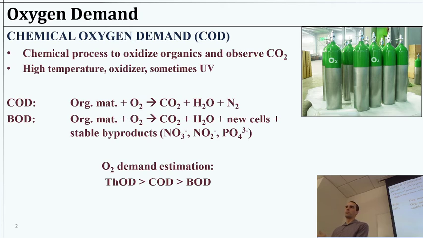It's going to undergo respiration, digestion, and we're going to get some CO2, but we're also going to get new cells and some other stable byproducts like nitrate, nitrite, phosphate, some things like that that are not perfectly oxidized, right? These have oxygen groups in them. We took maybe an organic form of nitrogen or phosphorus, some DNA, some amino acids, whatever components, and converted it, but they're not necessarily all the way oxidized to the fullest extent that you might have.